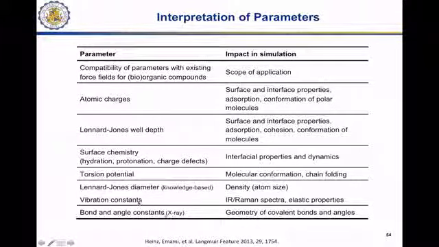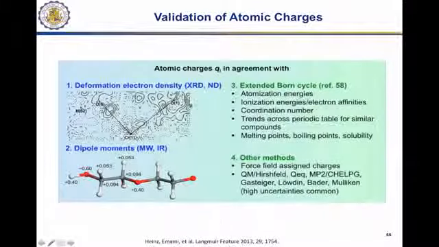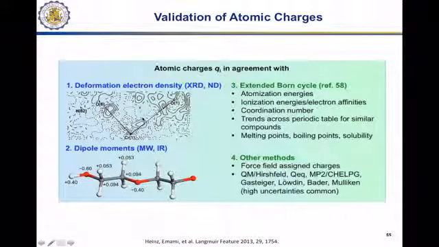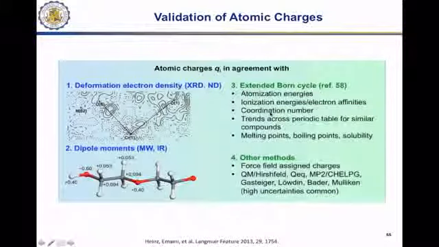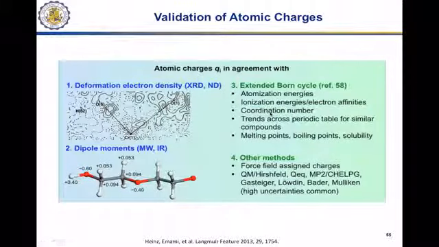Then there are a couple other things that are easier to assign and have a clearly defined interpretation. For the charges, we really look at experimentally determined deformation electron densities. They are available for a number of compounds. And then we also developed an extended bond model that relates atomization energies and ionization potentials and trends across the periodic table to the assigned atomic charges.